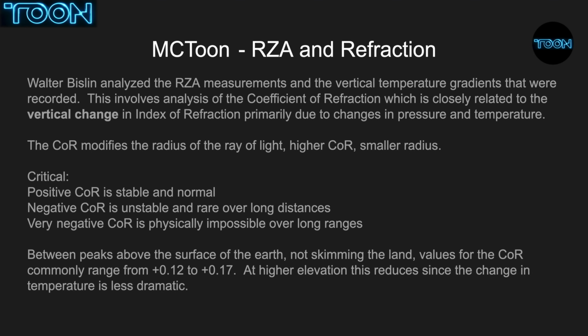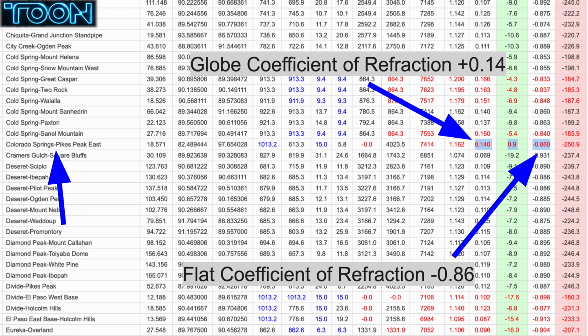Walter Bislin, a guy in Germany, did a detailed analysis of all of the angles in that survey, and he published it. This is from his webpage. The important thing there, it says globe coefficient of refraction is 0.14. It's a surveying thing to determine how much refraction is happening, what the curve of the arc of light is between the two stations. 0.14.